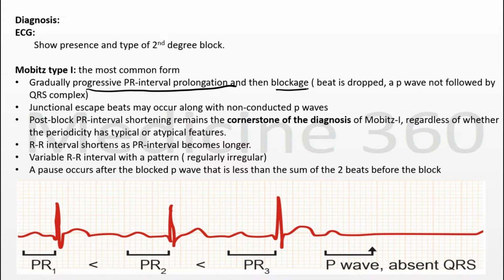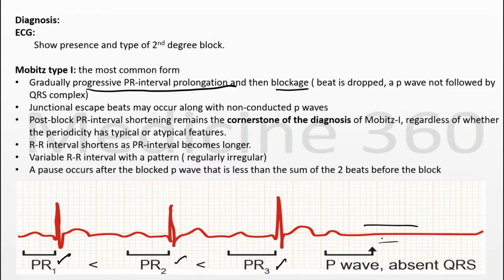Here you see that the PR interval is continuously increasing, and then there is a dropped beat. So the beat is dropped and the P wave is not followed by a QRS complex. Here there is no QRS complex, but the other P waves are followed by QRS complexes.